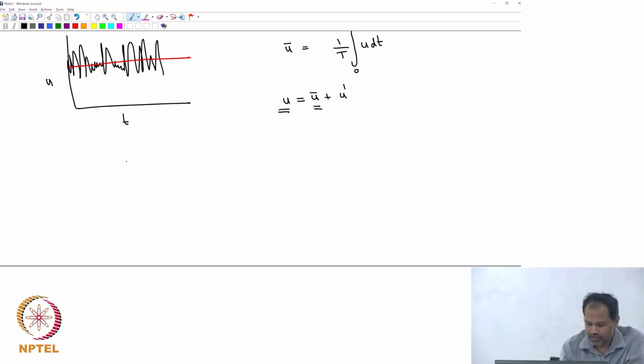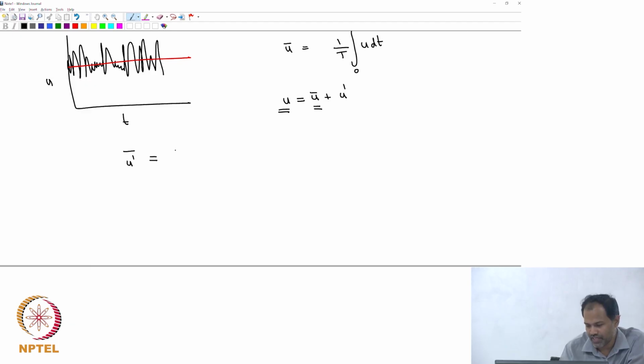What would be u prime bar? The mean of the fluctuating component. What do you think that would be? It should be 0. Let's prove that.